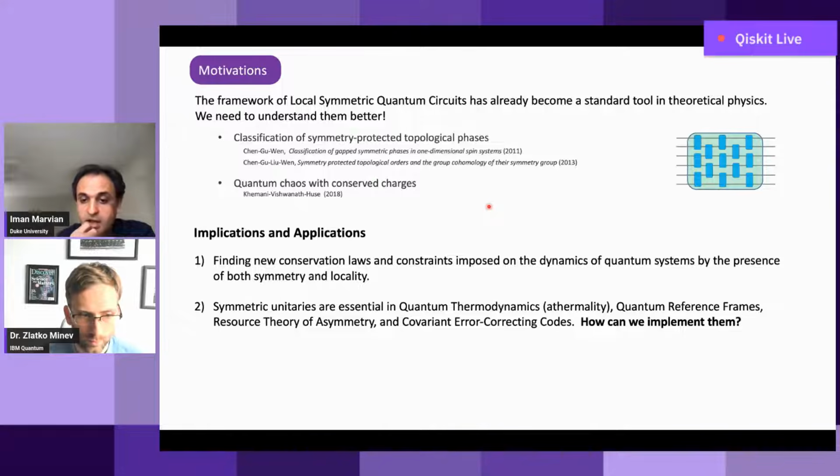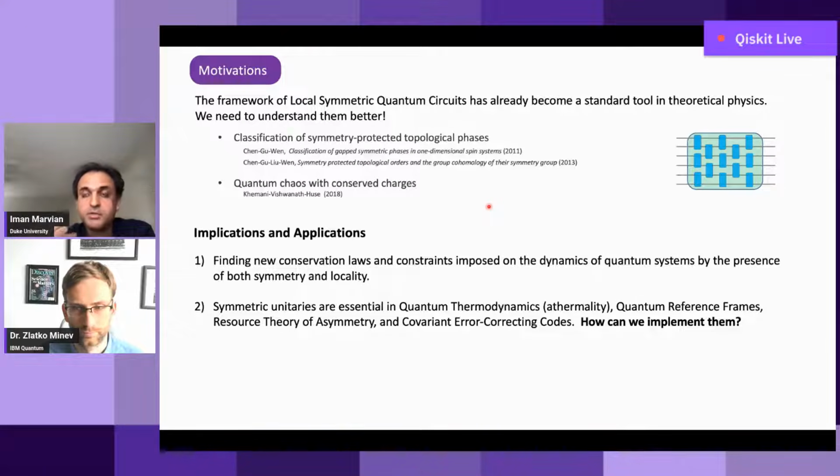The second motivation comes from the area of quantum thermodynamics and quantum resource theories more generally. In particular, the resource theory of asymmetry, quantum reference frames, and also the very closely related topic of covariant error correcting codes or continuous quantum error correcting codes. And in all these areas that I've listed here, often we need to implement a unitary transformation that respects the symmetry.